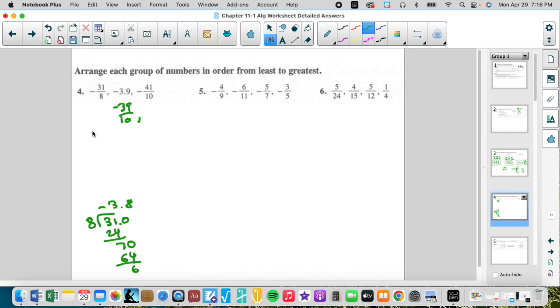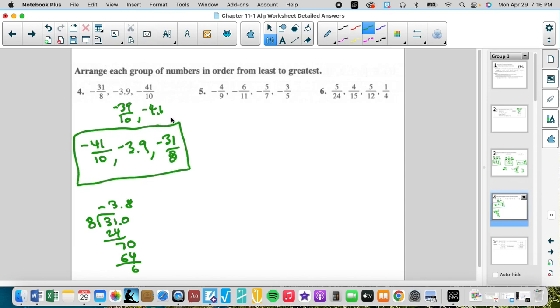So we are going to have that's negative 4.1. That's negative 3.9. This is going to be negative 3.8. So we have negative 41 tenths, negative 3.9, and then negative 31 over 8 would be our order from least to greatest.